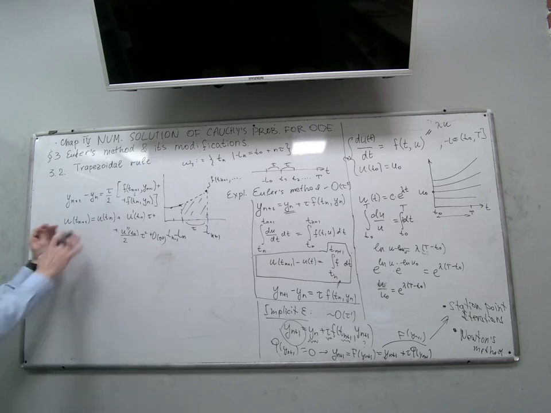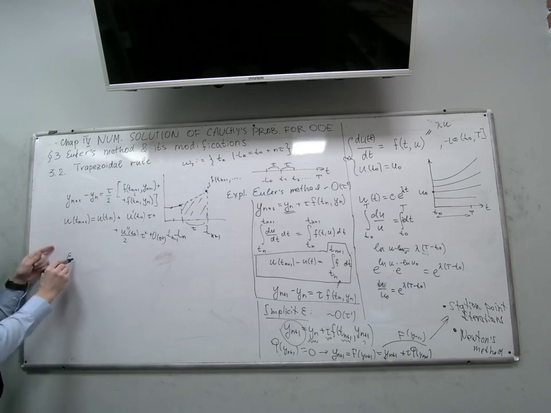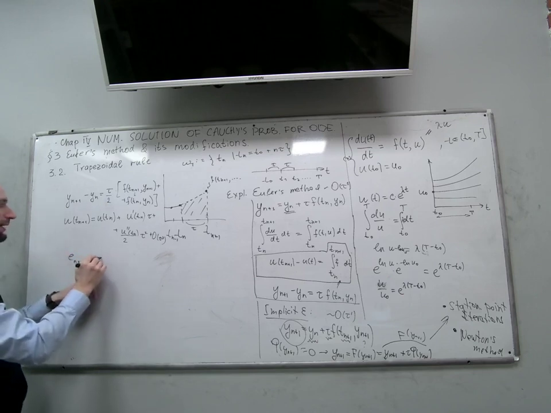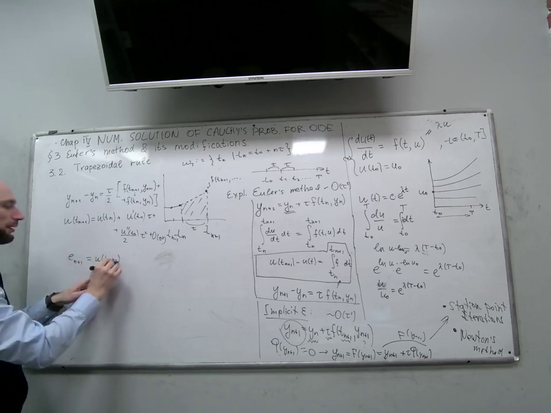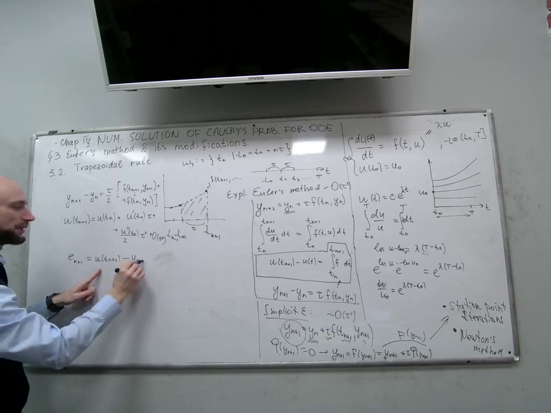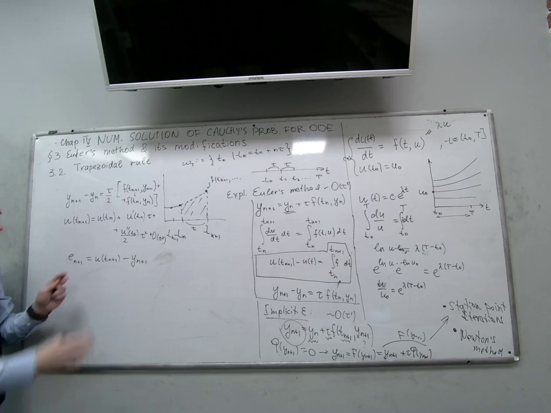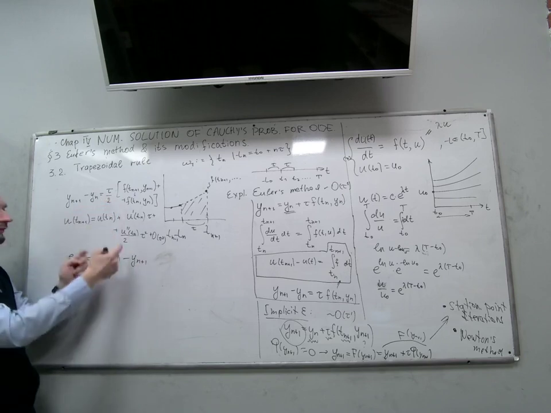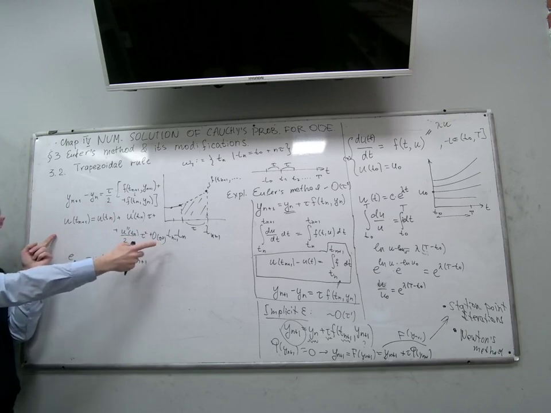Okay, so you write this expansion, and the next thing you do is compute the error at the point of interest. Or better to denote it with E, not epsilon. I will say why it's my notation. Minus y_{n+1}. You just subtract your formula from this expansion.